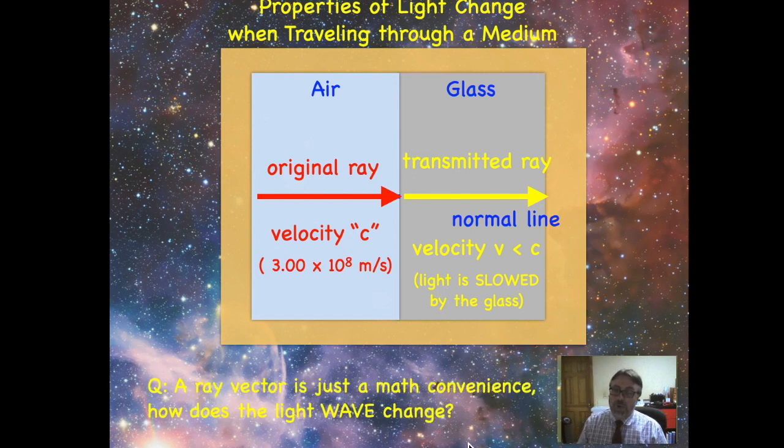Now, remember, when we first introduced our ray model, we made it clear that these rays are just a mathematical convenience. A ray just shows us how the wave is moving, not what the wave actually is. So let's take a step back, and instead of looking at rays of light, let's look at light as a wave itself.